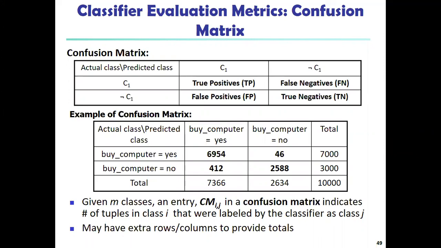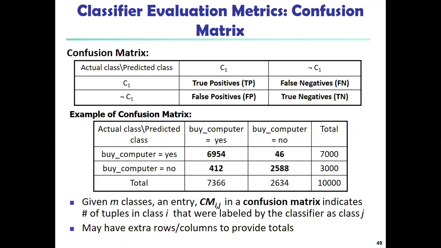I already told that. According to the y-axis, it represents the actual class, or actual data. And according to the x-axis, it represents the predicted class, or predicted data. Try to understand what I'm trying to say.